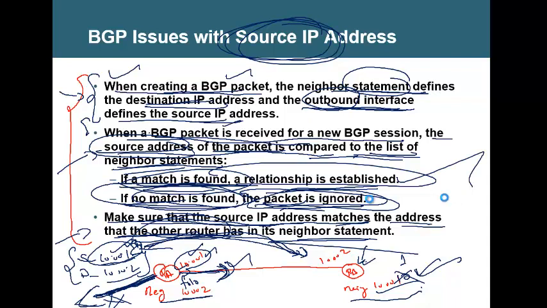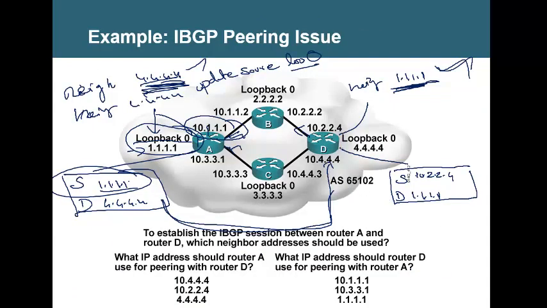Likewise, in router D also, I need to say, use the neighbor whenever you speak to 1.1.1.1, use loopback 0 as the update source. When you put these commands correctly, the source address will become not the exit interface address. Instead, it will become the address which the other remote router will accept.